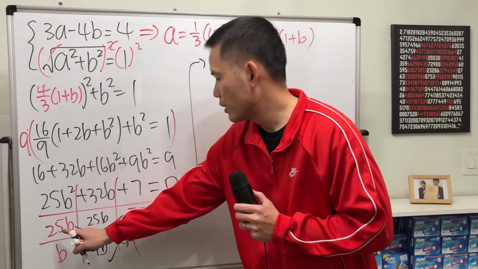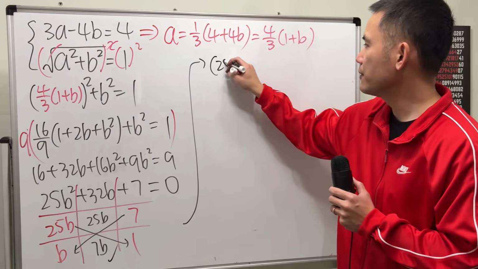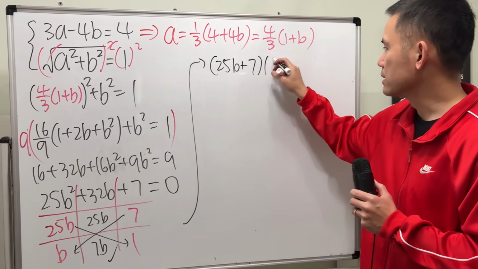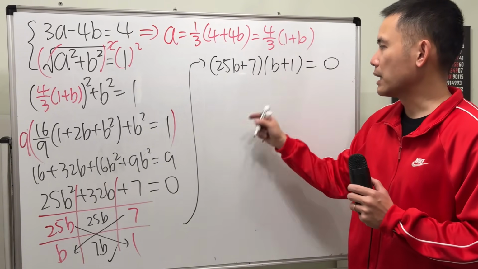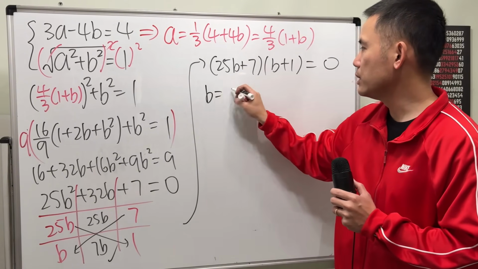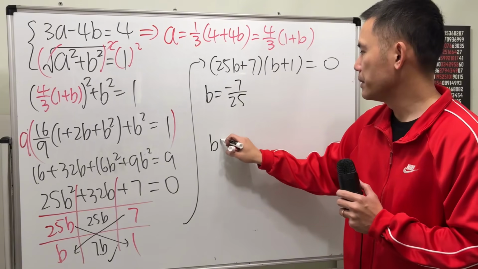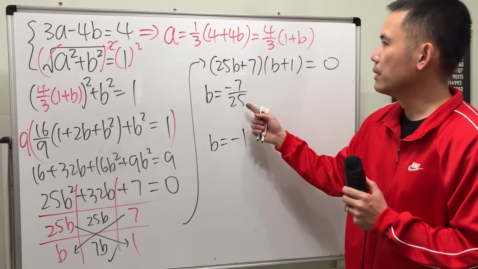Now be careful though. Read the product like this. The first factor is 25b plus 7, and the second one is b plus 1, equal to 0. So we have two possibilities. From here, we get b is equal to negative 7 over 25, or the other one, b is equal to negative 1.